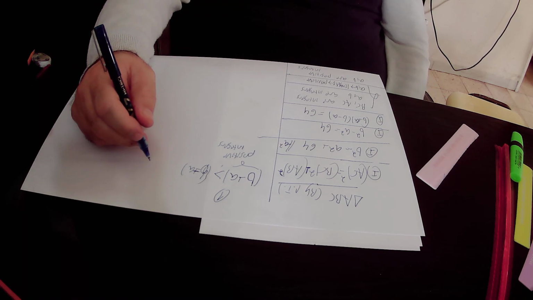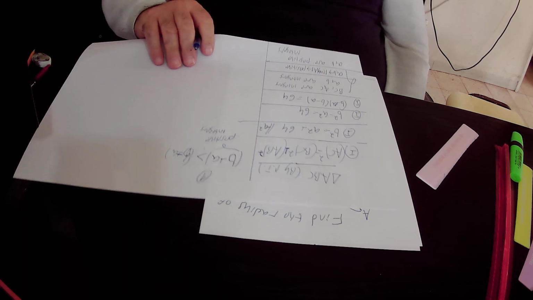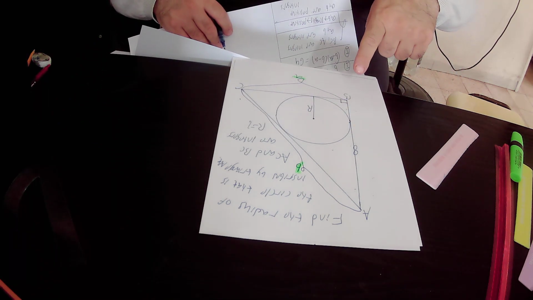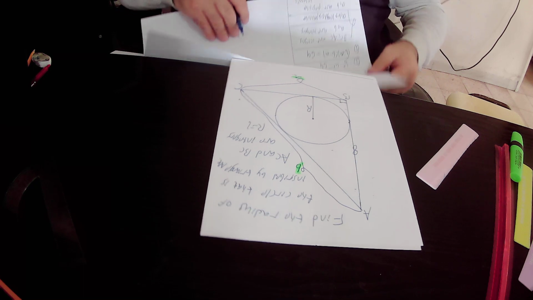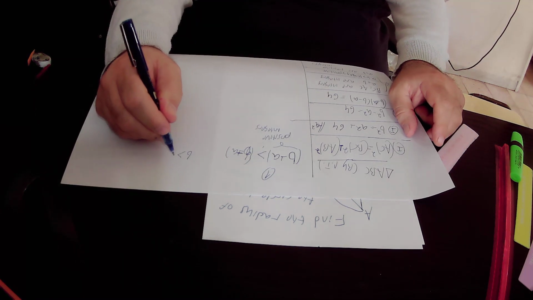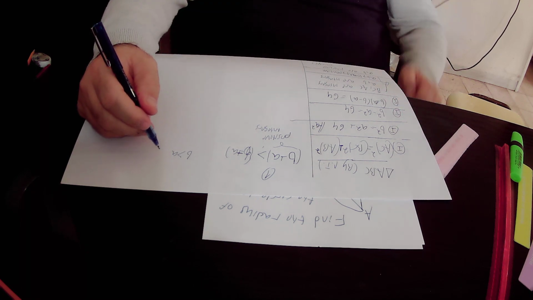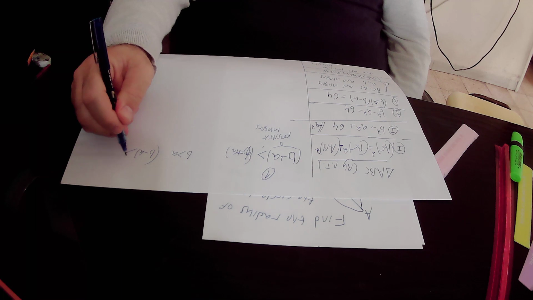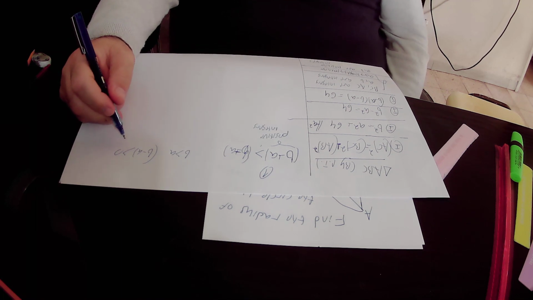According to our definition, B is the hypotenuse, and the hypotenuse is always greater than the perpendicular, so we know that B is greater than A. If we subtract A from this inequality, we get that B minus A is greater than 0, that is to say, B minus A is a positive number.